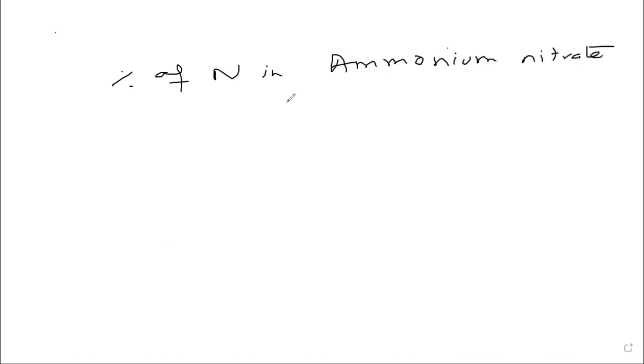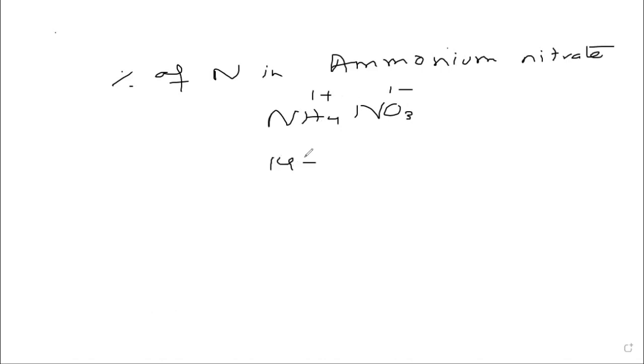Now, for example, calculate the percentage of nitrogen in ammonium nitrate. All right, what is ammonium? NH4 +1. Nitrate NO3 -1. So they are balanced. So the balanced formula is NH4NO3.